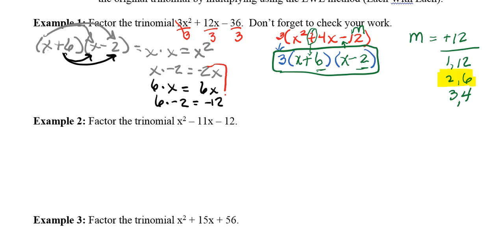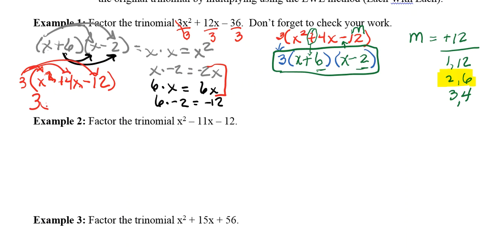We're going to combine our like terms, and the x squared and the negative 12 don't have anything in common. So I'm going to end up with x squared plus 4x minus 12. Now remember, there was a 3 out front, so I would distribute the 3 through.